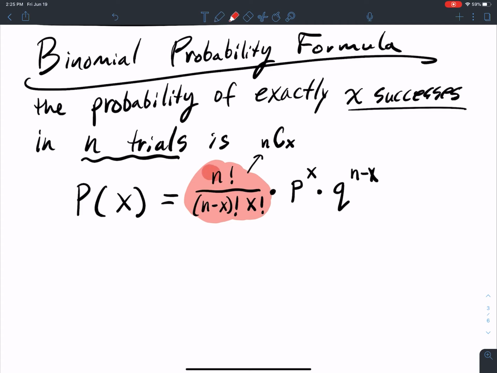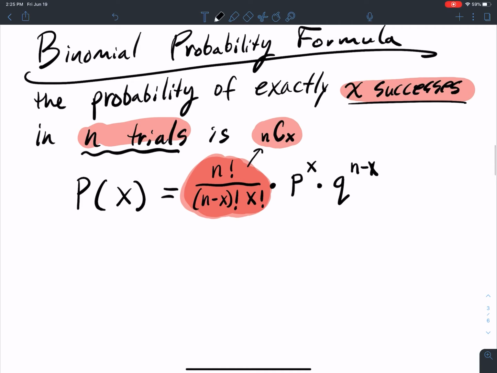This first part, as I just said, is N choose X, which means how many ways I can rearrange X number of successes if I have N total trials. So the number of objects rearranged, X number of successes out of N trials total.